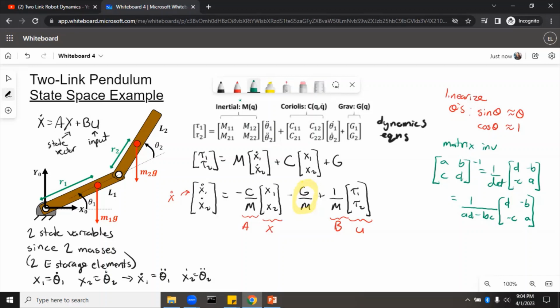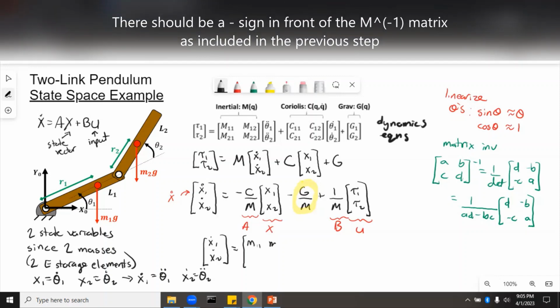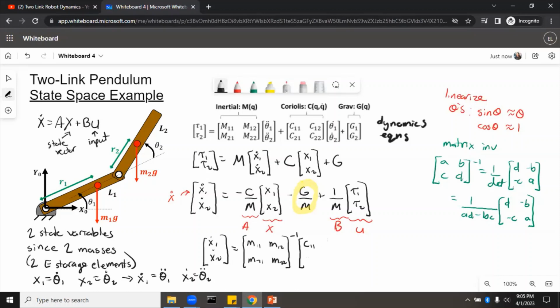So let's now work these out with actual matrices. So then we'll have x1 dot, x2 dot equals, we're going to have to do M inverse times C. So we'll say M11, M12, M21, M22 inverse times the C matrix, C11, C12, C21, C22, times X, X1, X2.